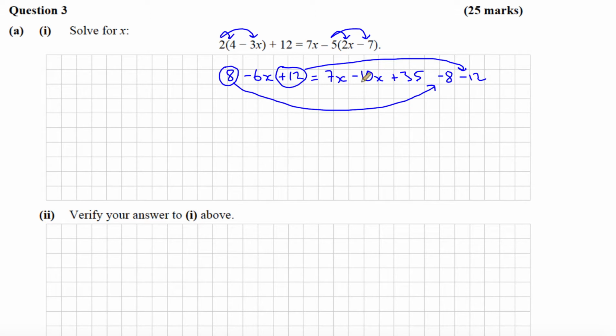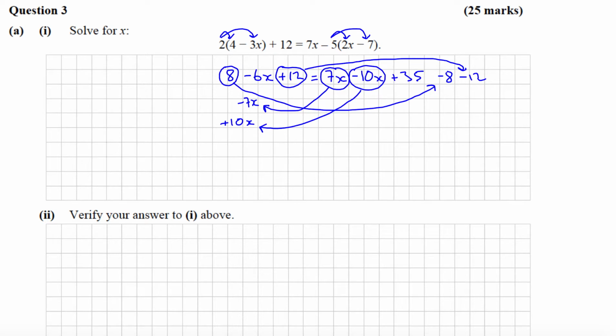That can combine with the plus 35, and then the 7x I'm going to bring over here to become minus 7x, and the negative 10x can also go over there to become positive 10x.